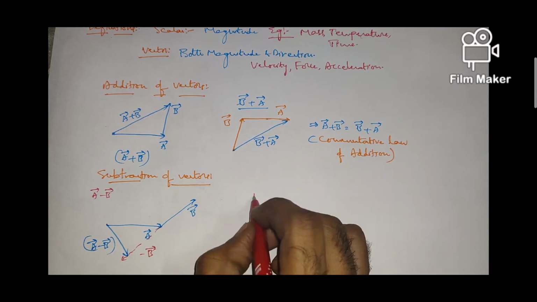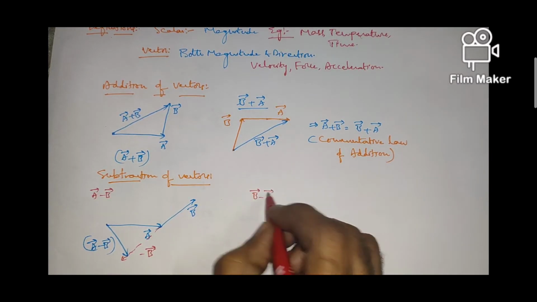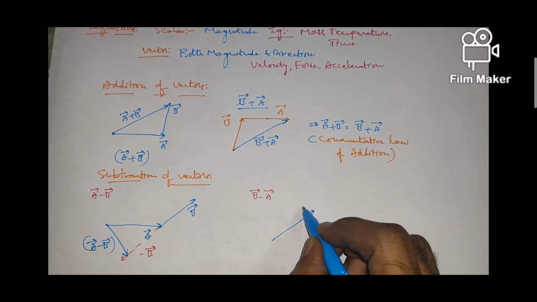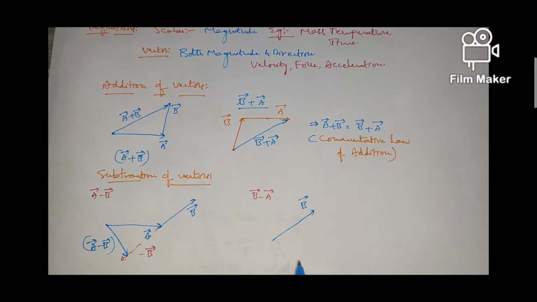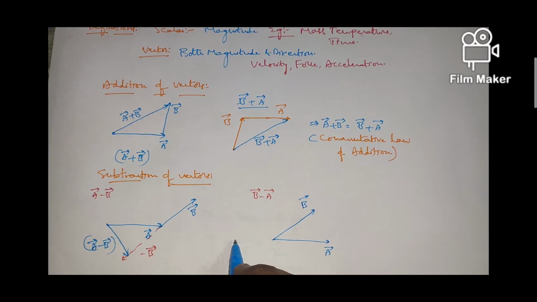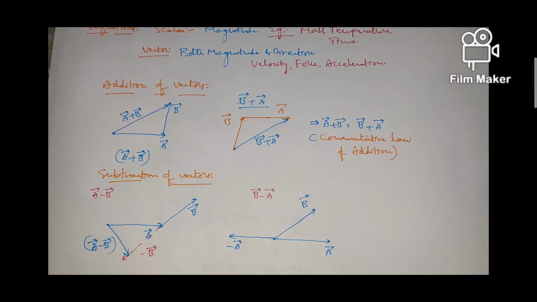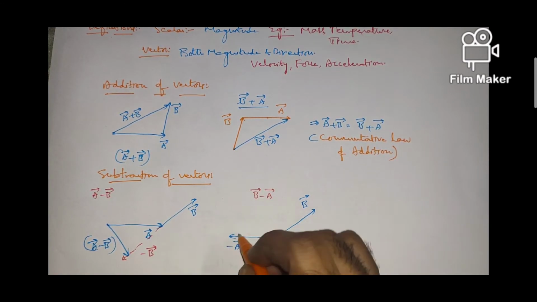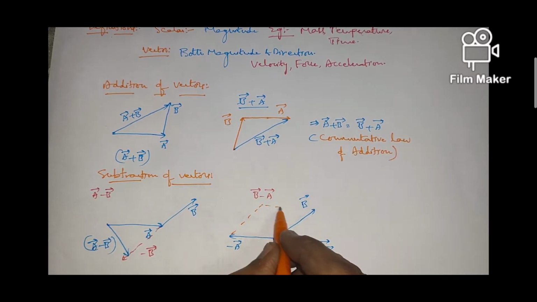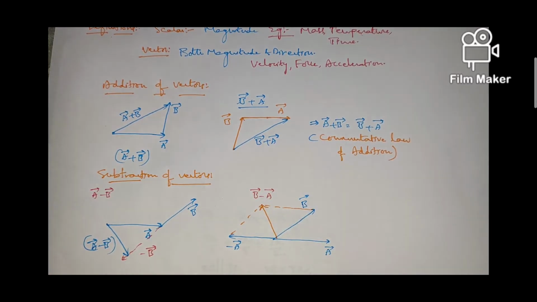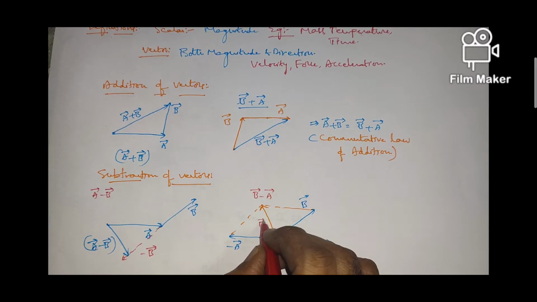Next, we consider b bar minus a bar. For that, first let us draw the vector b bar as shown here and a bar. Draw minus a bar here and the addition of b bar and minus a bar can be found out using parallelogram law of vectors, and this is the resultant we got, which is equal to b bar minus a bar.